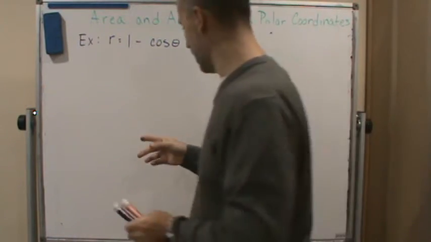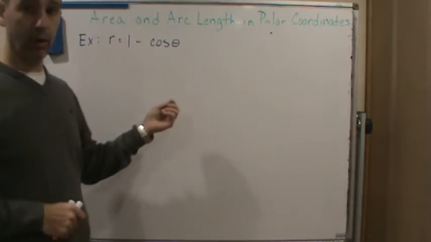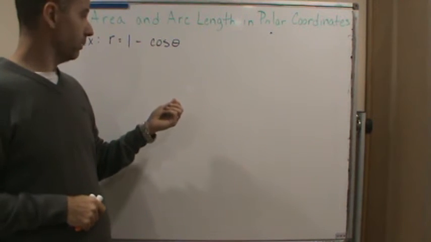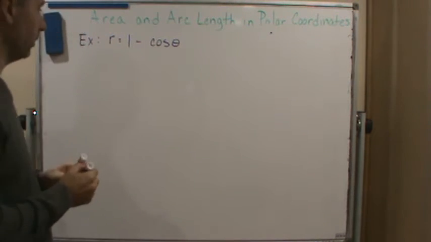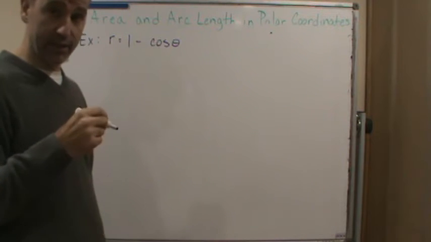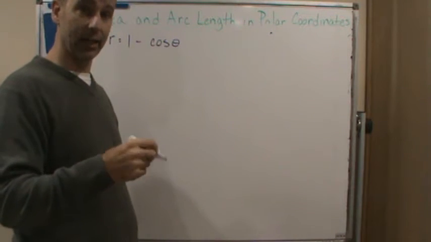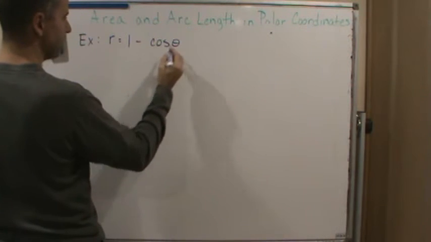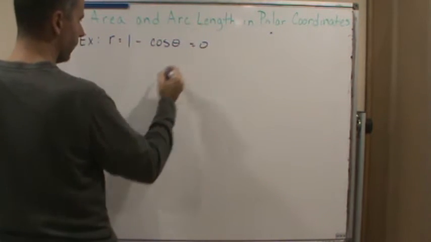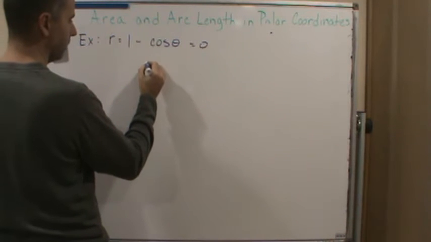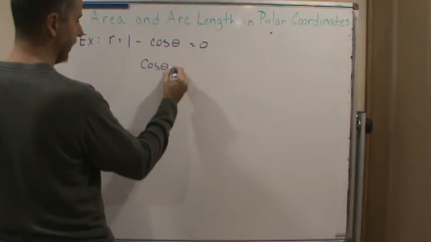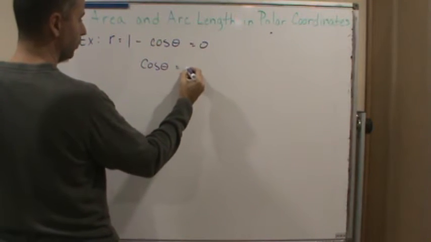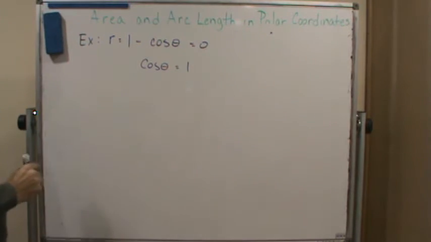In this case, a cardioid goes from 0 to what? Well, when does it go to 0? A cardioid starts at the origin, at the pole, and comes back to the pole. So we're going to set this equal to 0. In this case, we get cosine theta equal to 1. So when is cosine theta equal to 1? Easy.